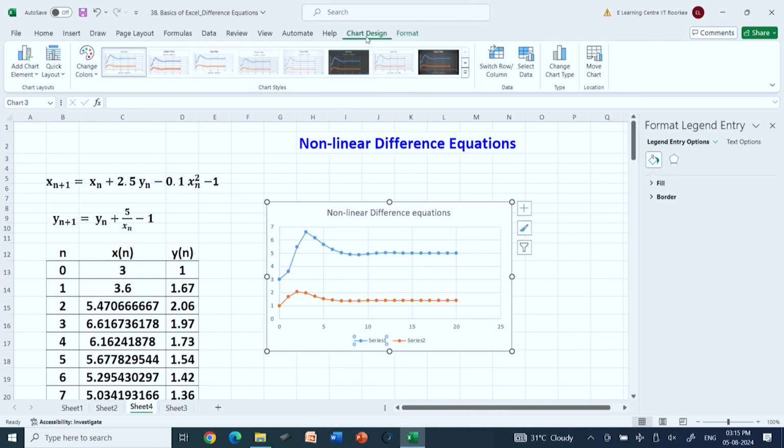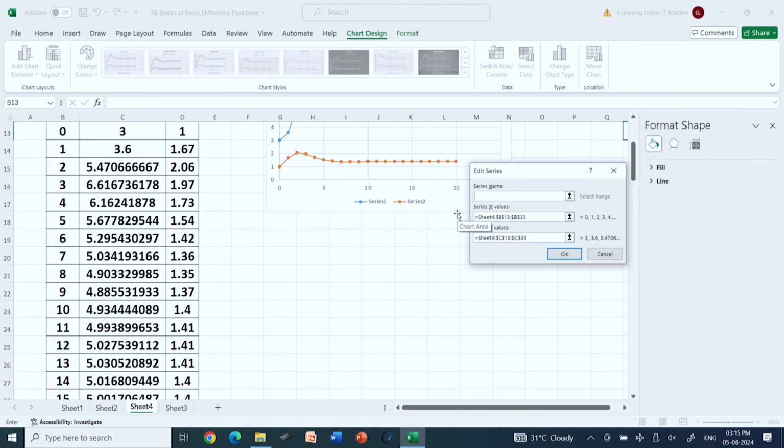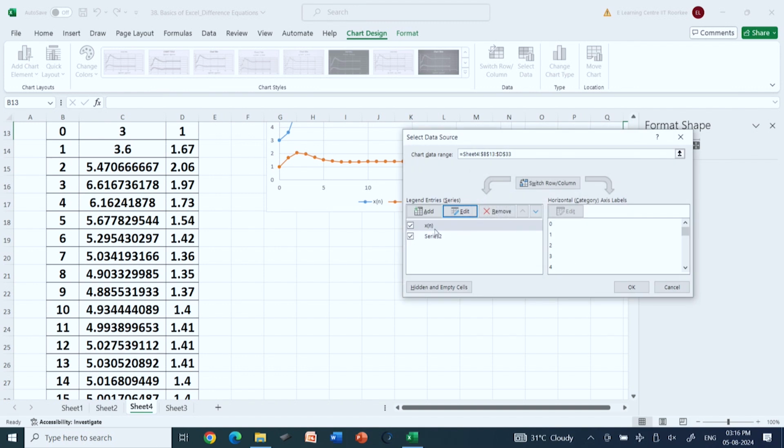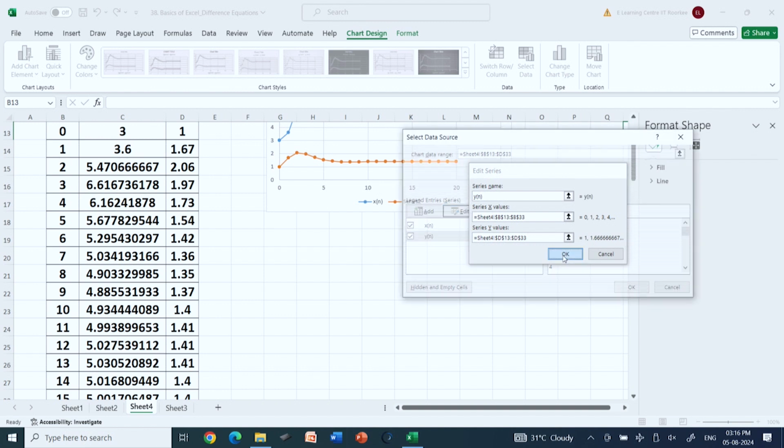You go to chart design, you select data, you edit and you write this as xn. Similarly, series 2, go to edit and write this as y.